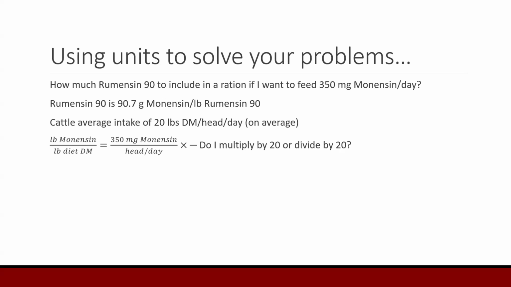And I'll give you what cattle will eat. They will eat on average 20 pounds of dry matter per head per day. So what do I know? 350 milligrams per head per day is our target. Would I want to divide or multiply by 20 to get milligrams of monensin per pound of dry matter?